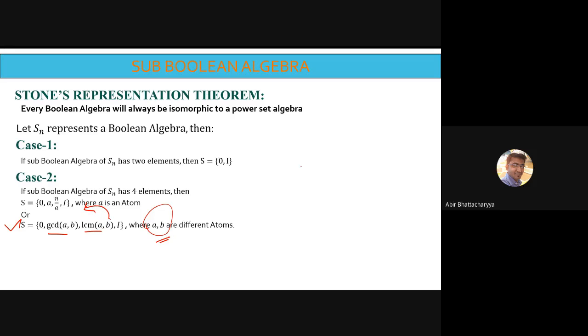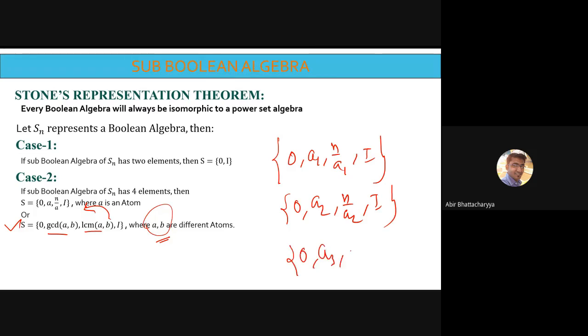That means what? If I use 3 atoms, the first set is 0, a1, n by a1, I; the second set is 0, a2, n by a2, I; and the third set is 0, a3, n by a3, I.